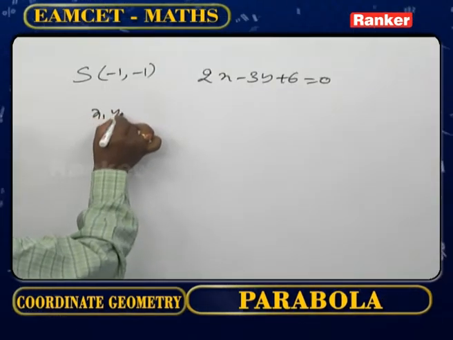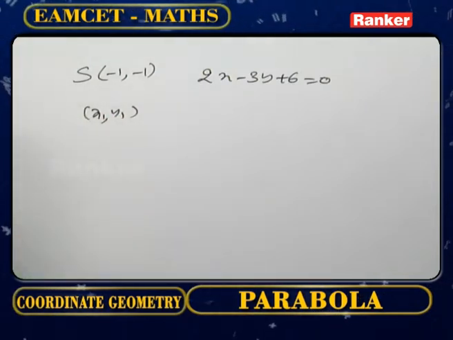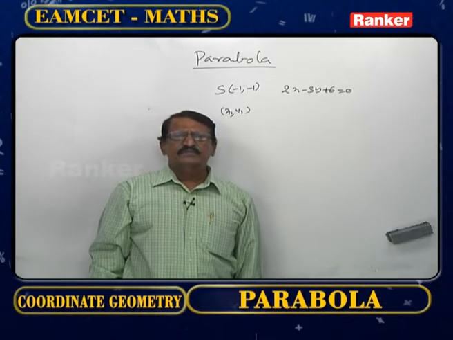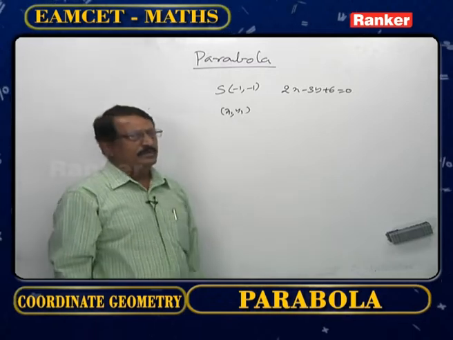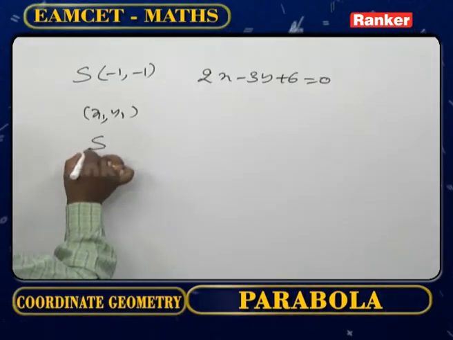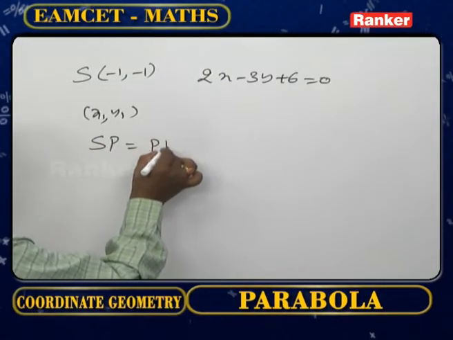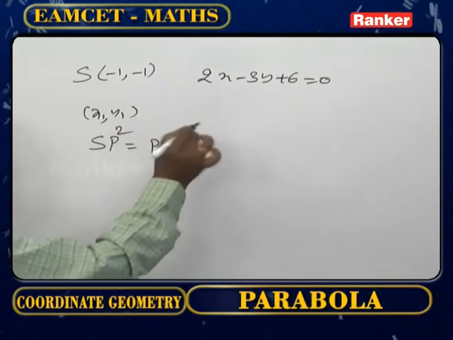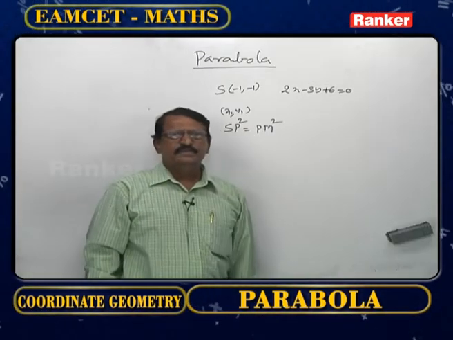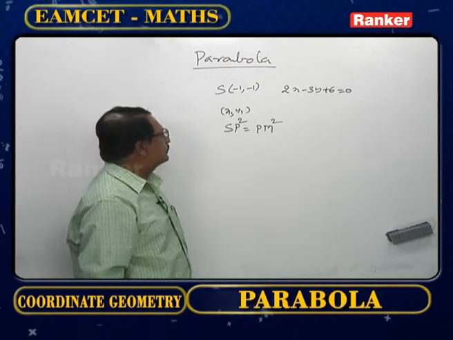Consider P(x1, y1) to be any point on the required parabola, then the locus of P is the required parabola. From the definition of the parabola, SP = PM or SP² = PM².